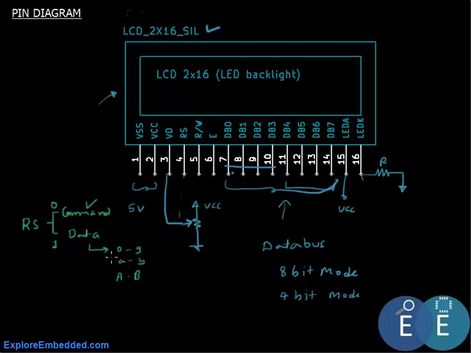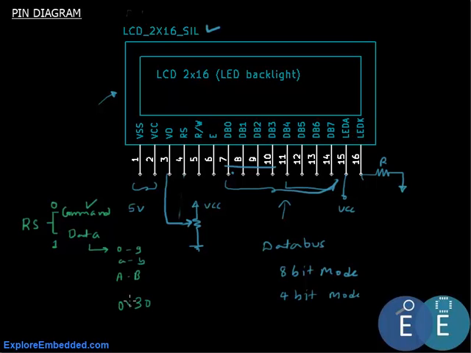So the LCD has a ROM, a permanent memory, which has character codes that correspond to each of these ASCII digits. Like if we send ASCII 0, that is 30.